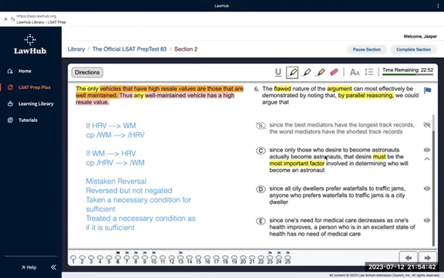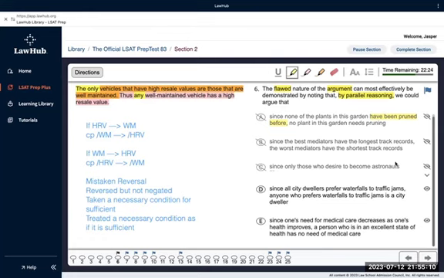Just because they're saying it's the most important factor doesn't mean they're saying that it would be enough to get you to become an astronaut, right? So here, they would have had to say that that desire must be enough to allow you to become an astronaut, or anyone who has that desire will become an astronaut. So it's not quite the same.